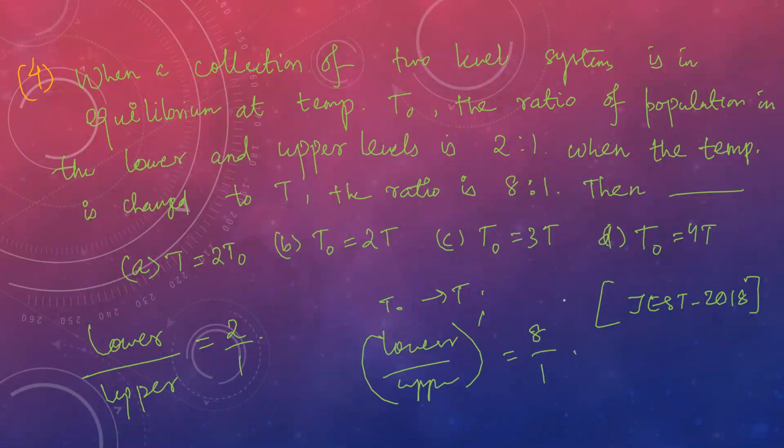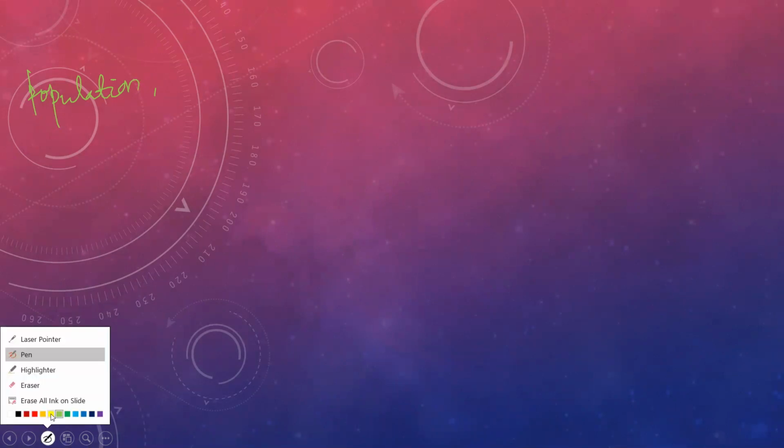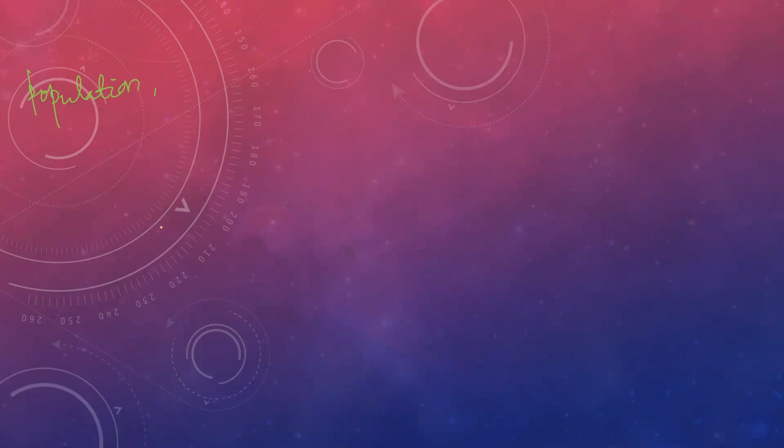So the energy levels: the lower I can write as E1, the upper as E2. So the ratio of population. The population formula is N1 is equal to e to the power minus E1 by KB T naught.